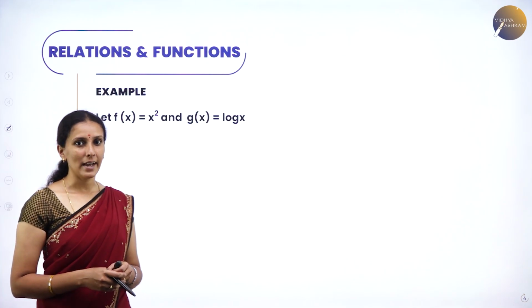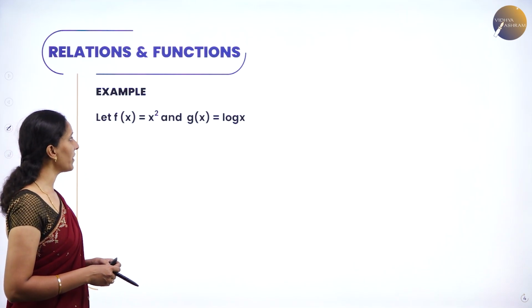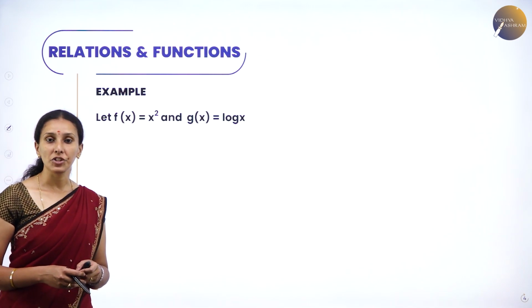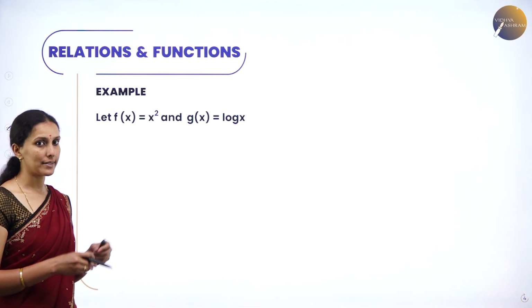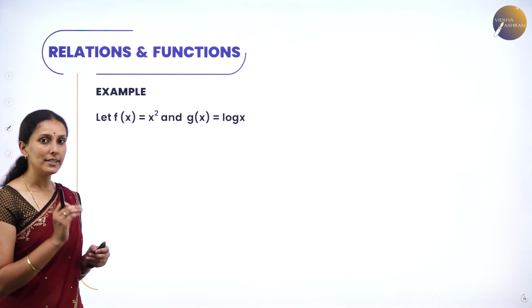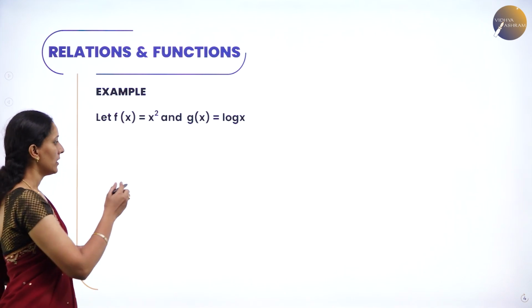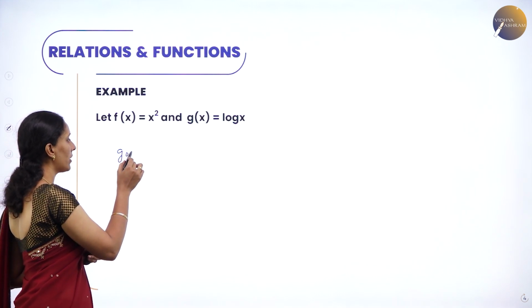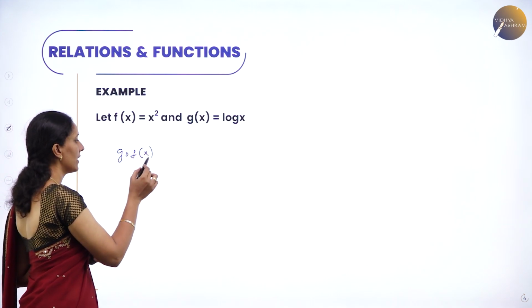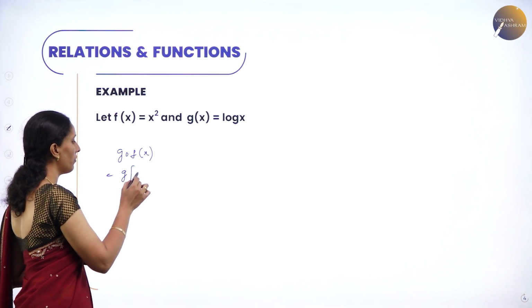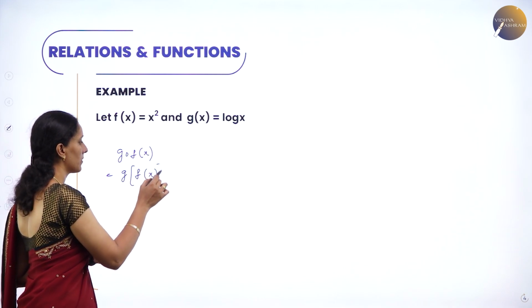Let us take an example here. I have taken f of x is equal to x square and g of x is equal to log x. So let us find what is g naught f of x and f naught g of x. So g naught f of x can be written as g of f of x.